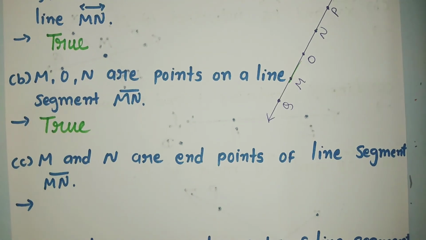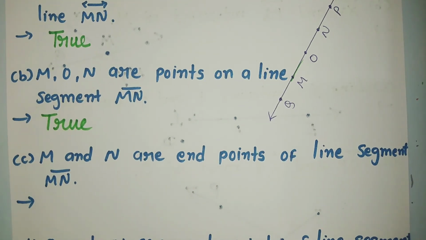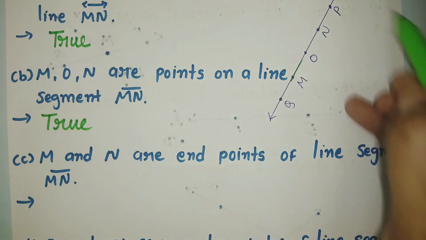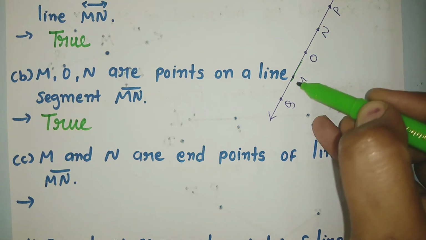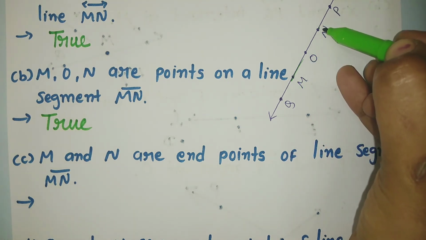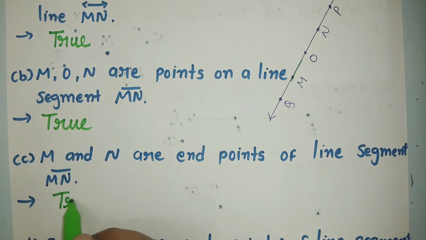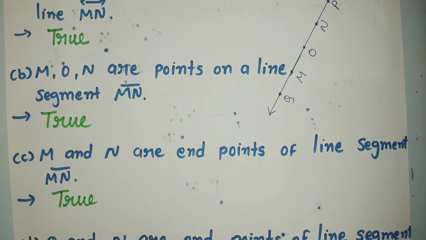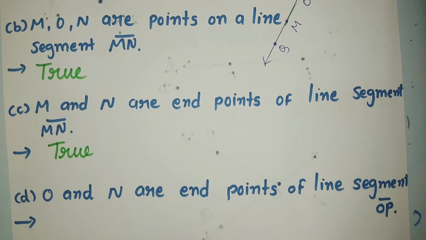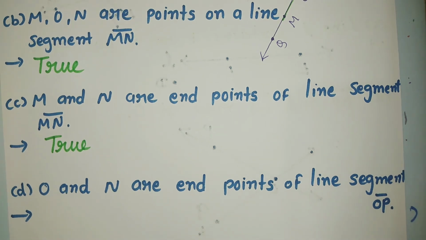Next, M and R are endpoints of line segment MN. This is the line segment MN. So M and R are endpoints. Yes, M and R are endpoints of the line segment. True. Next, O and N are endpoints of line segment OP.